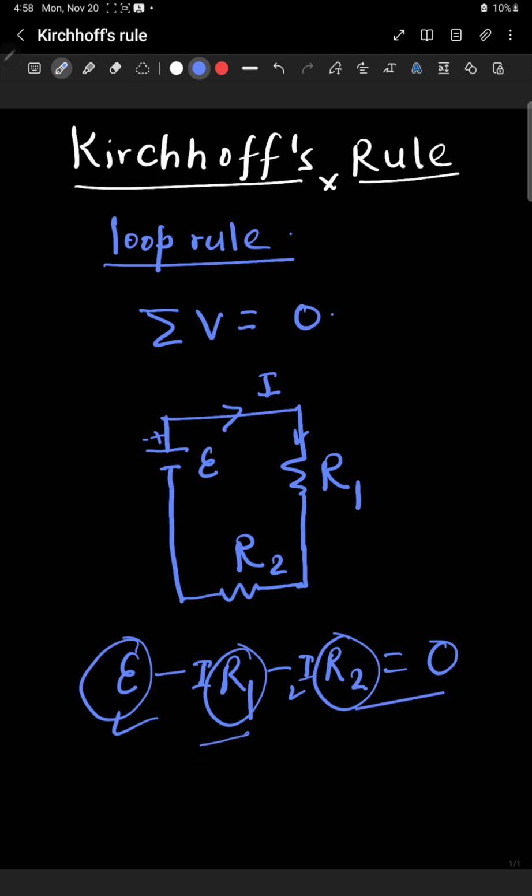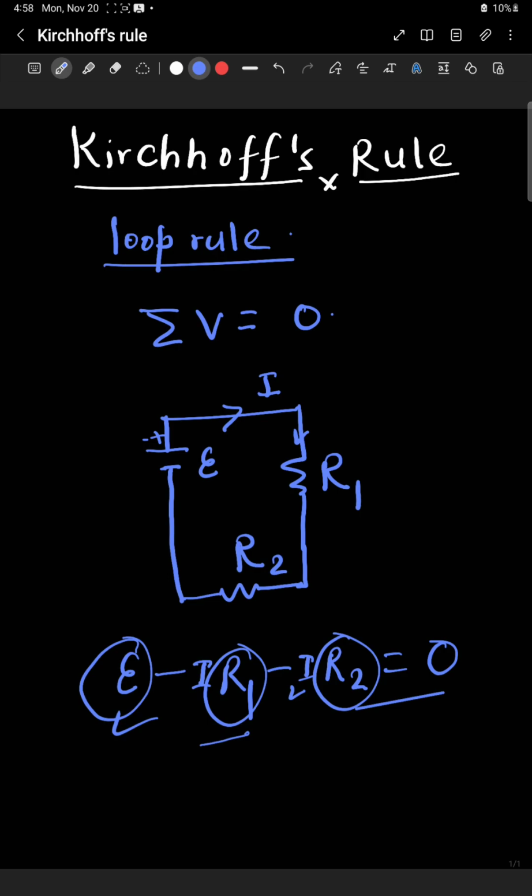This is a very powerful tool to analyze any kind of electric circuit, to find resistances, potential difference across a resistance or any circuit component, or the current passing through a certain section or loop.